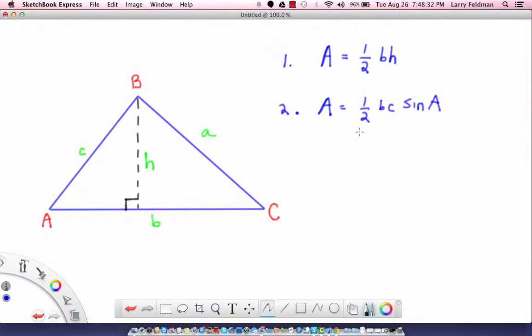And we can also write this using any of the angles.